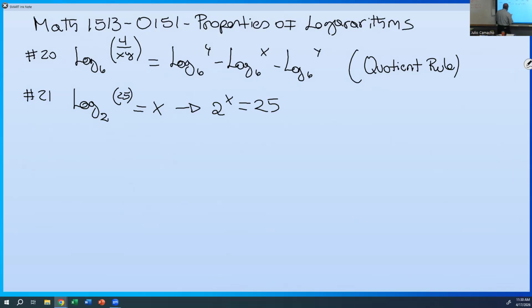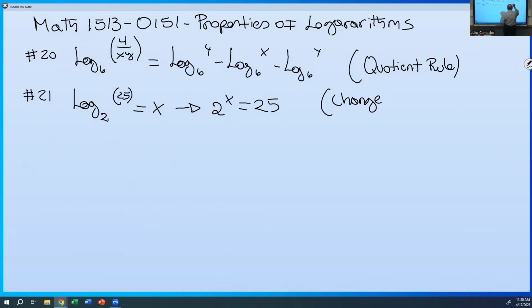So what we have to do there is we need to apply what is called the change of base. It's one of the rules that is in yesterday's assignment in the fall 2025 PDF.